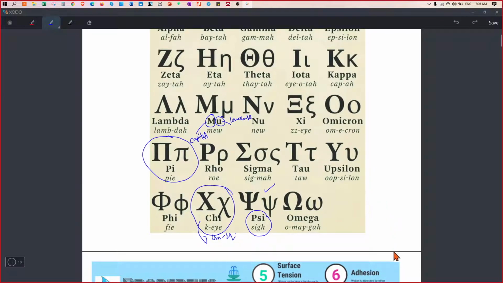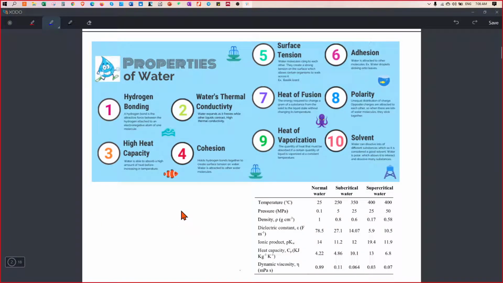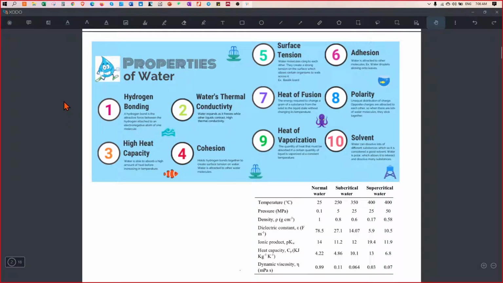Okay, so let's move now to the water story itself. Water is very unique, because it has special properties. When you look at water, don't think of it as just a liquid. It's tasteless, it's odorless unless you do something to it.